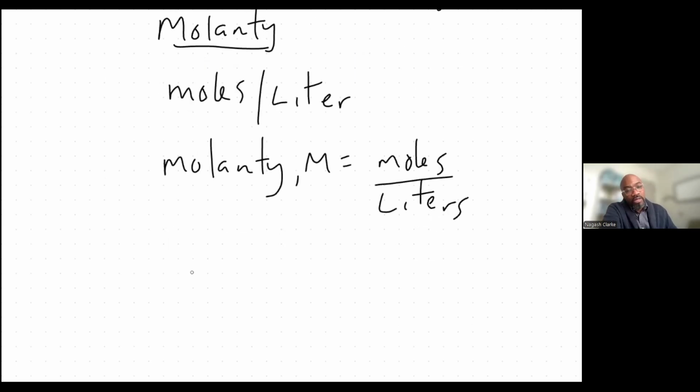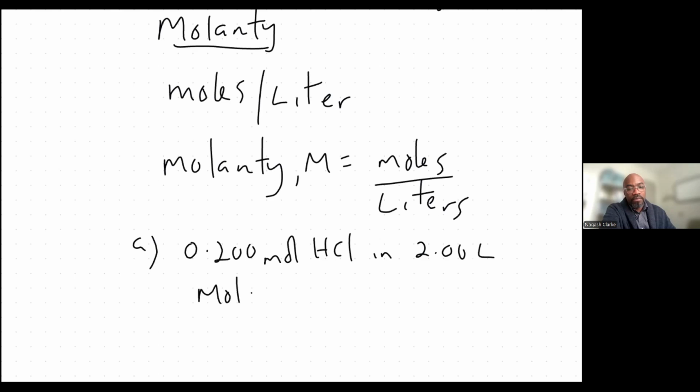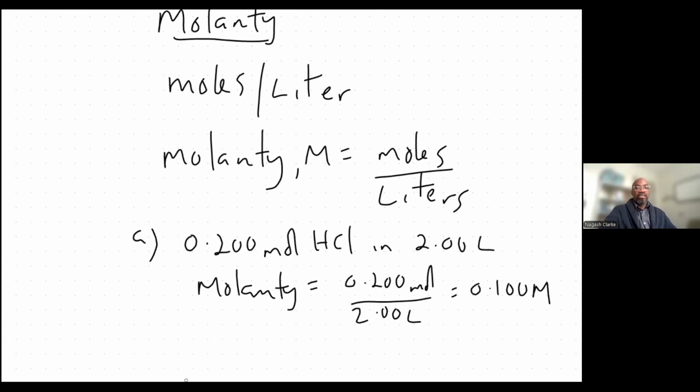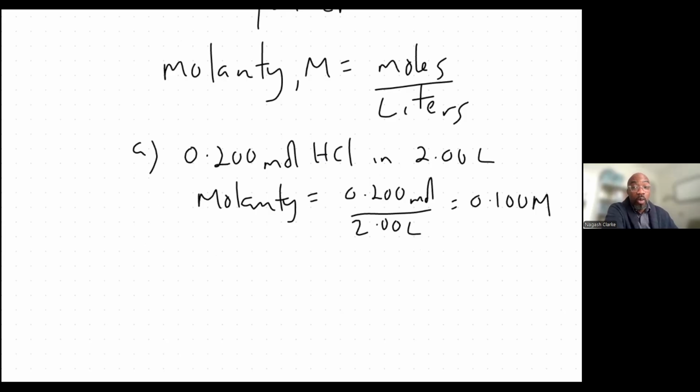For example, take 0.200 moles HCl in 2.00 liters. My molarity is equal to 0.200 moles over 2 liters, and that's going to be 0.100 M. So we say that's a 0.100 molar solution of hydrochloric acid.